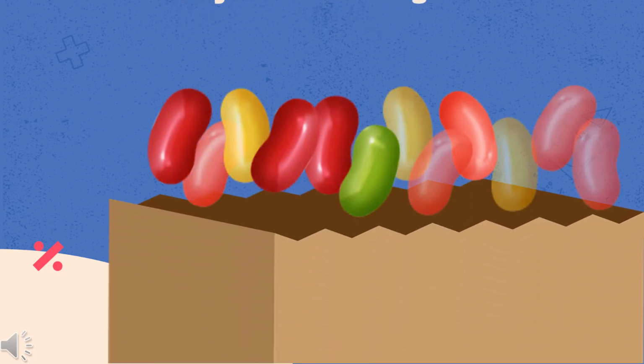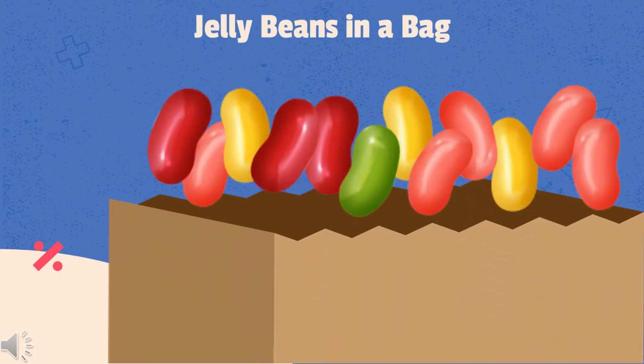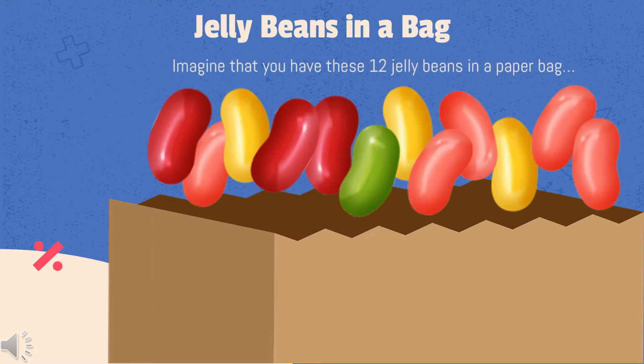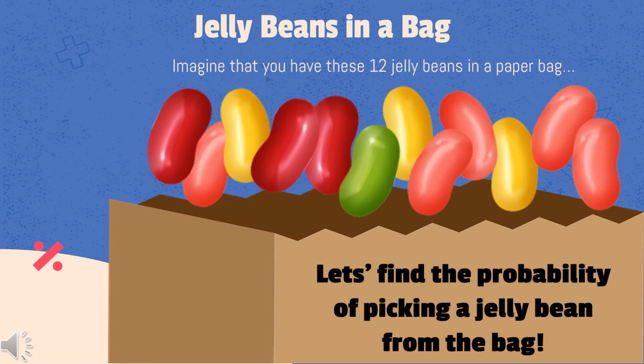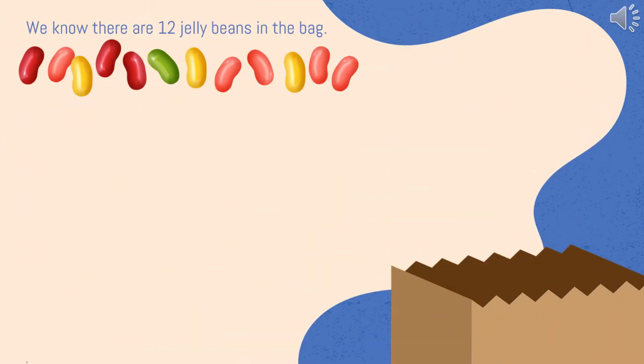We are going to use an activity to demonstrate probability. It's called jelly beans in a bag. Imagine that you have these 12 jelly beans in a paper bag. Let's find the probability of picking a jelly bean from the bag. We know that there are 12 jelly beans in the bag.